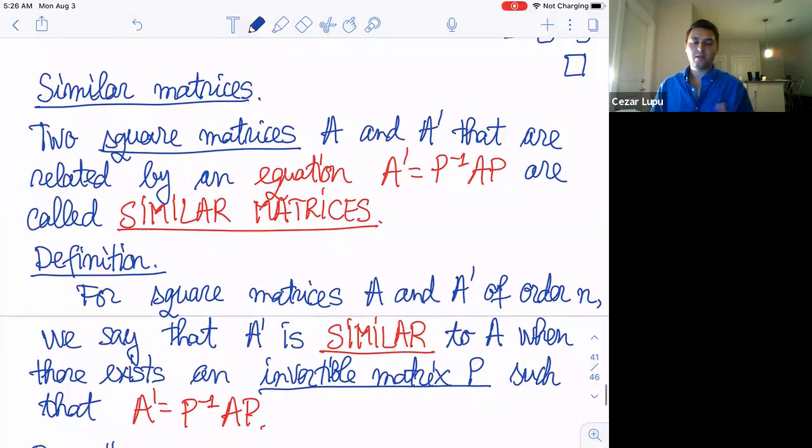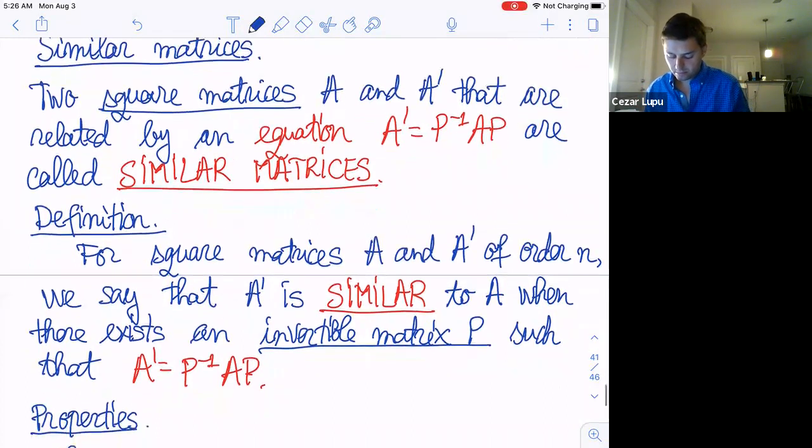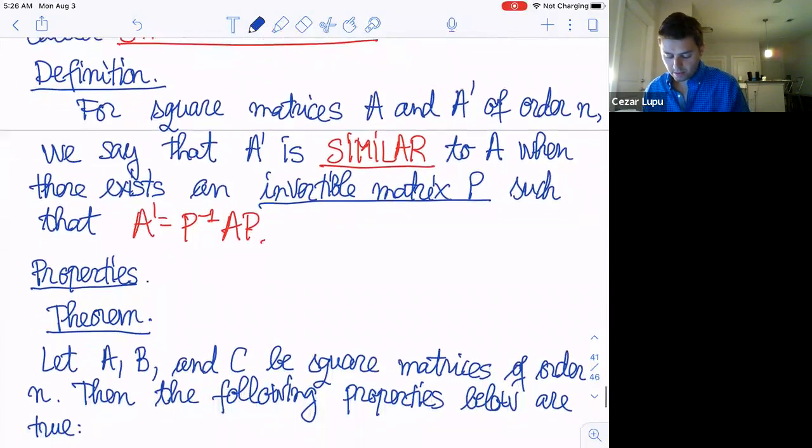And now, as you can imagine, we want to talk about some properties of similar matrices. And the properties, I would say, are quite obvious. They're given by this theorem.